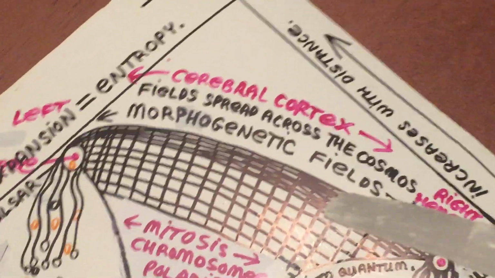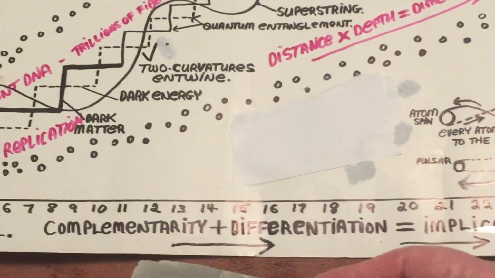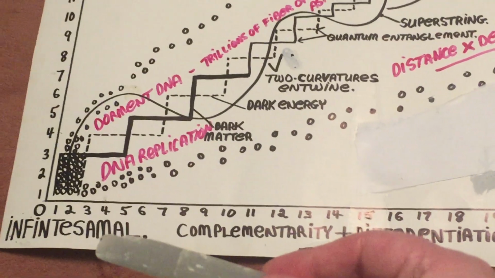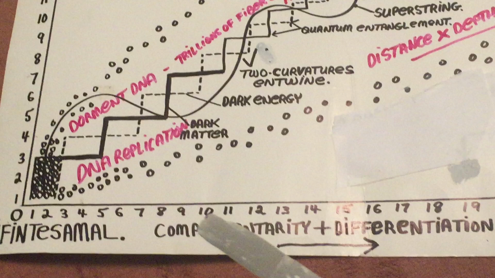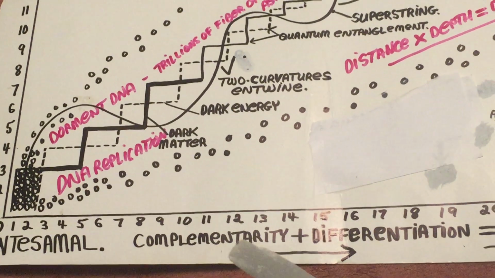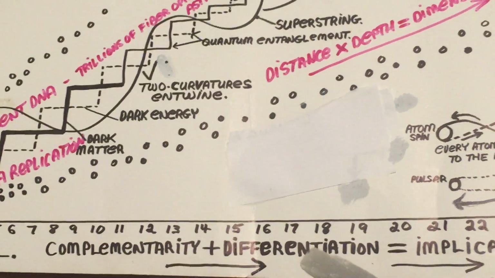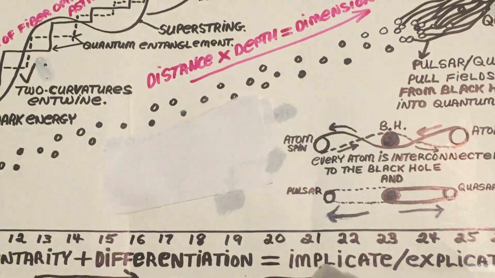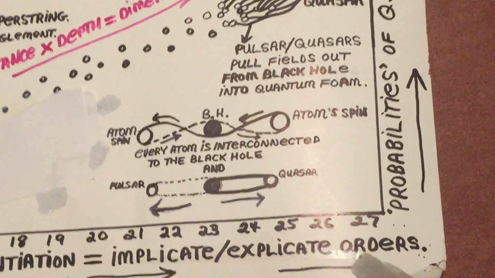Okay, so we start to get into the flowchart understanding of how the infinitesimal growing over the billions of light years is complementary and into differentiation equals implicit and explicate borders.